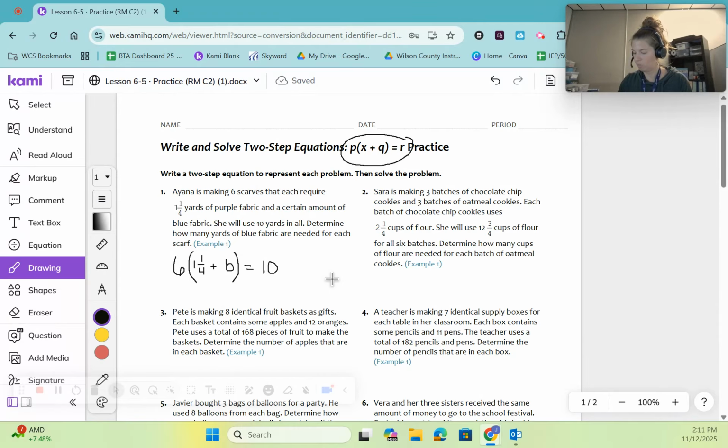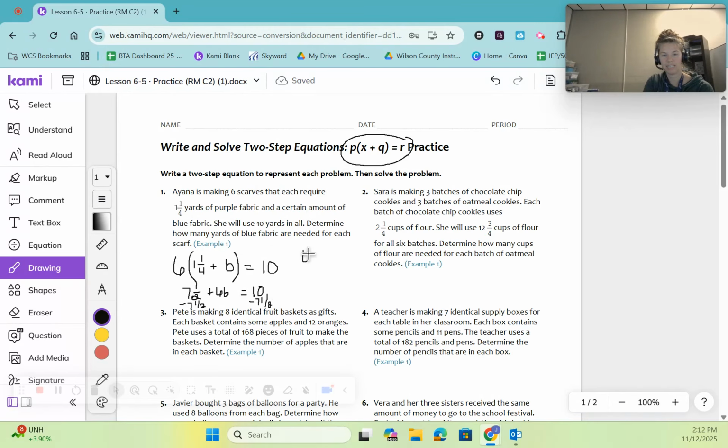6 times 1¼ is going to give me 7½. I'll keep it as a fraction. And then plus 6b, since 6 times b is 6b, equals 10. This gives us a two-step equation that we can solve from here. Subtract 7½ from both sides, and that gives you 2½.